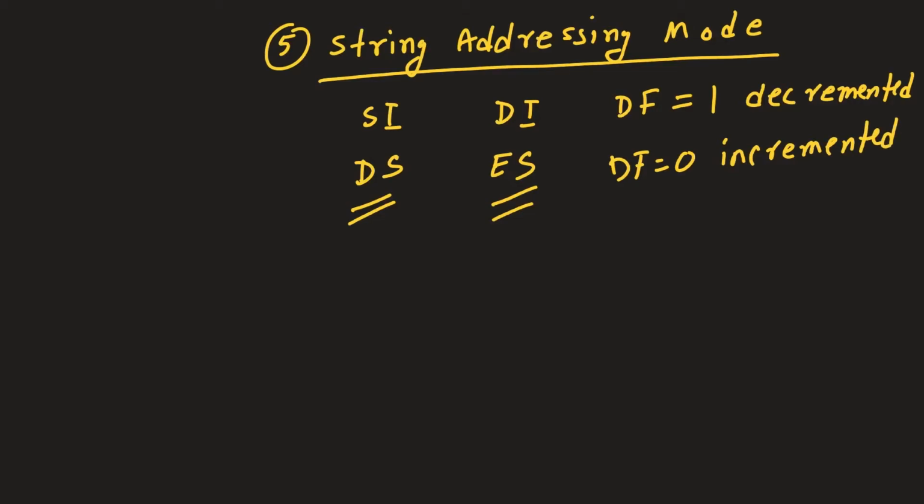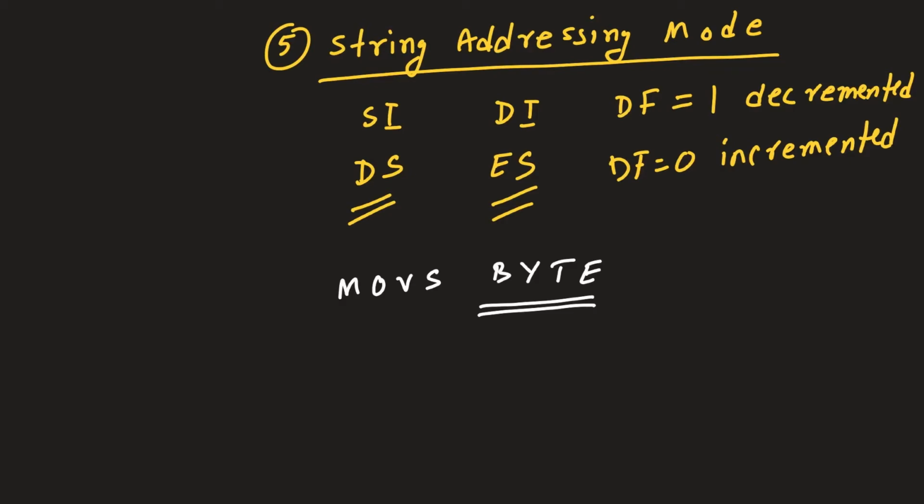So let's discuss an example of string addressing mode. MOVS means it's a string instruction, and then some byte we can write. Here the byte actually decides how many bytes of data will be transferred from the source to the destination.